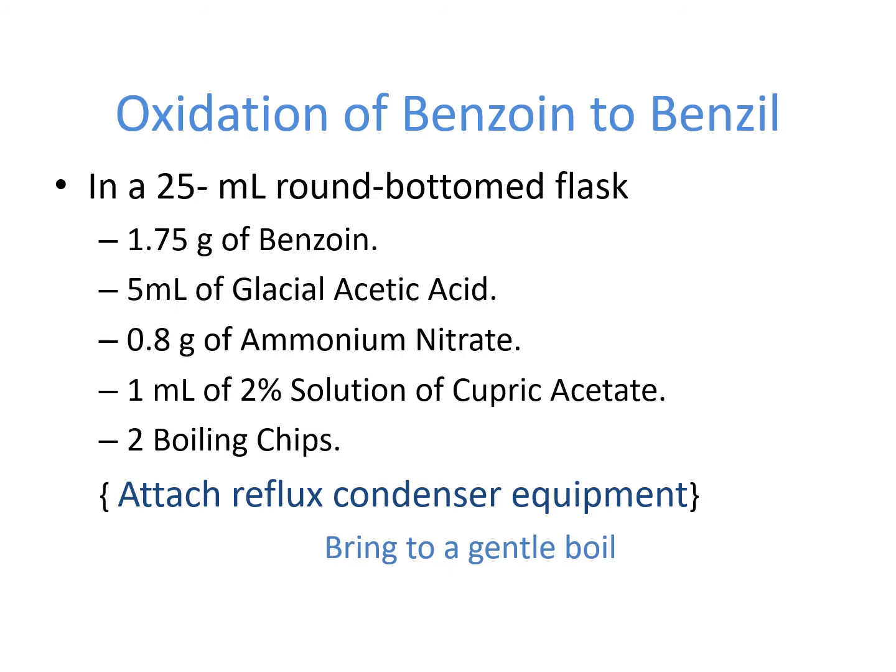So in the experiment we'll be doing a reflux setup, for which you'll need a condenser and a round bottom flask. Before you start the reflux experiment, take a dry clean round bottom flask first, and then add 1.75 grams of benzoin, 5 milliliters of glacial acetic acid, 8 grams of ammonium nitrate, 1 milliliter of 2% solution of cupric acetate, and finally 2 boiling chips.